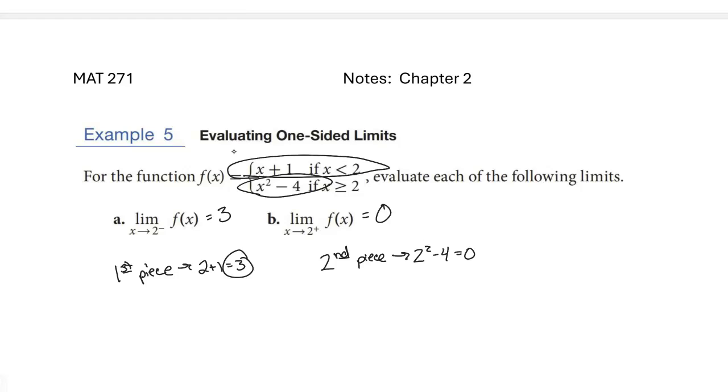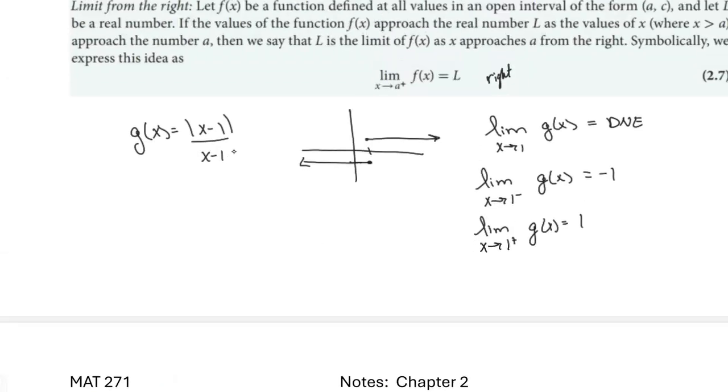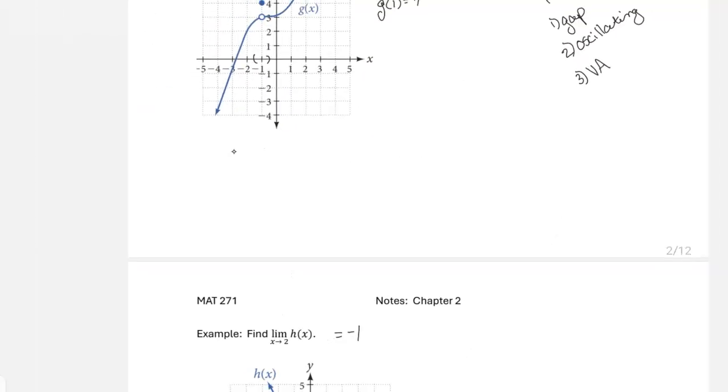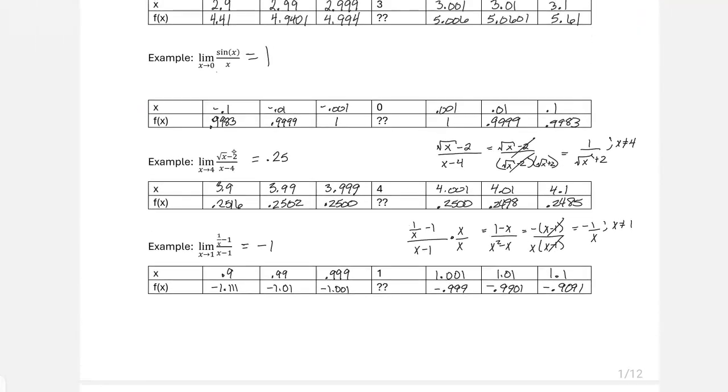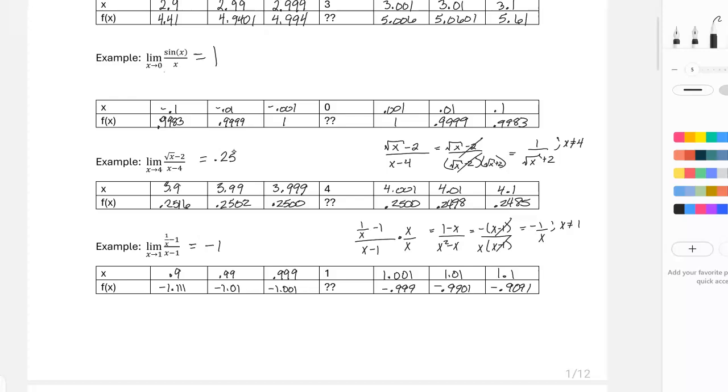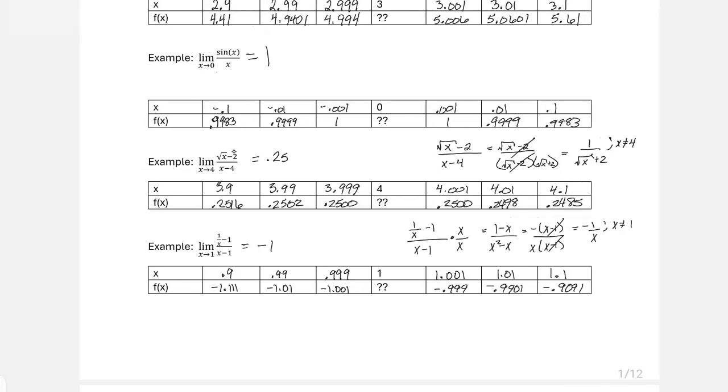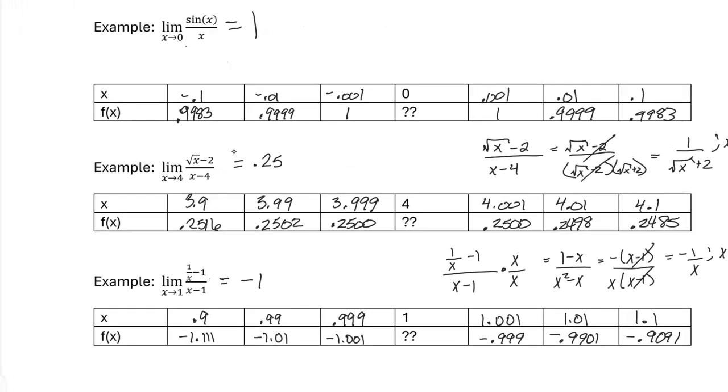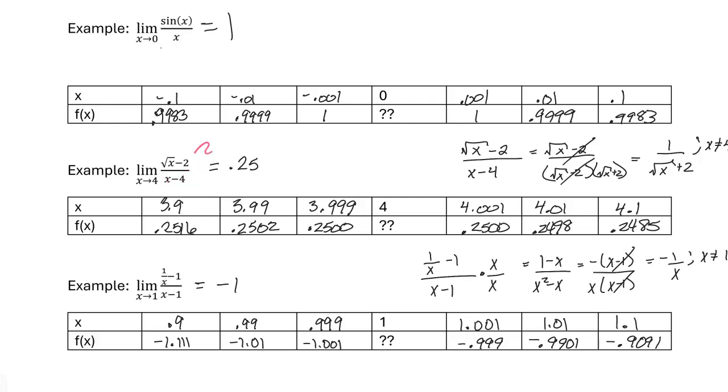Let's dive a little bit more into this algebraic approach. I'm going to go back to some of my previous examples, and we're going to talk about these a little bit more in detail. So let's review this one. We said that we could factor the bottom and simplify.